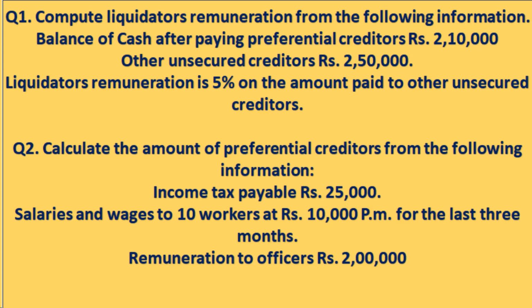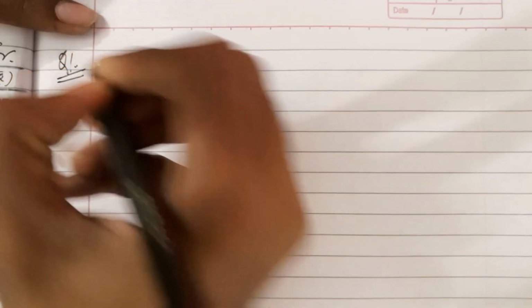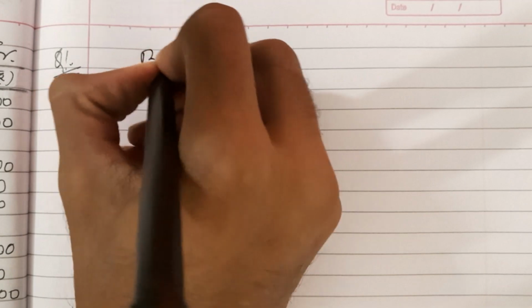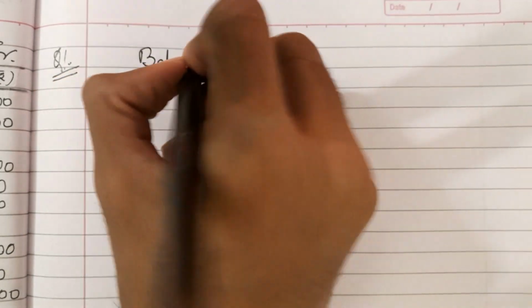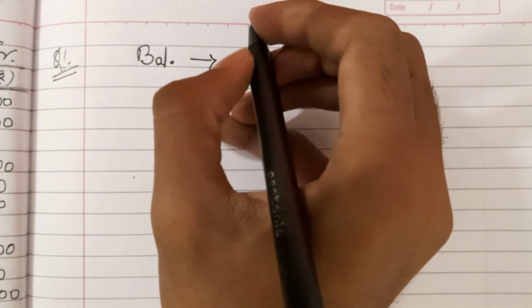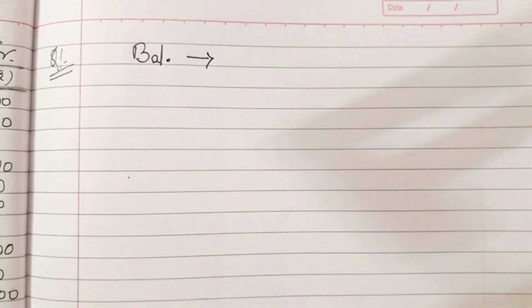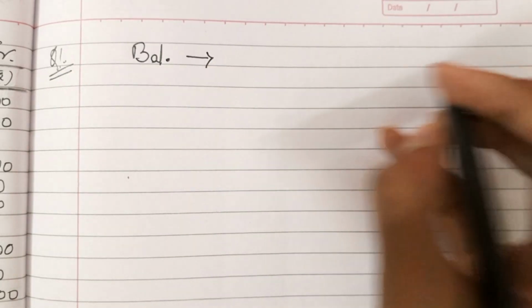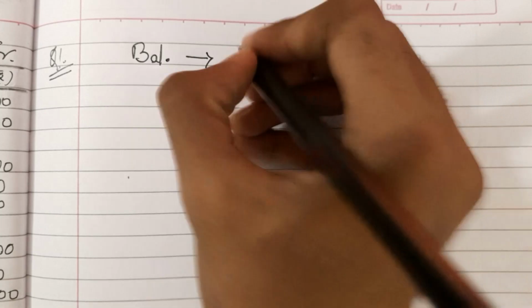Now let us first solve the first question. What they have told is that the balance of cash after paying the preferential creditors is rupees 2,10,000. So 2,10,000 is the balance.